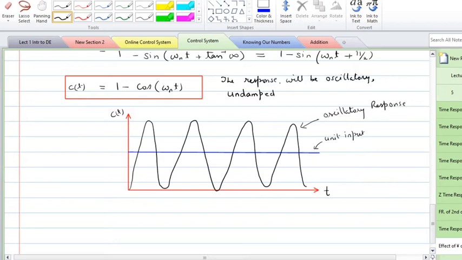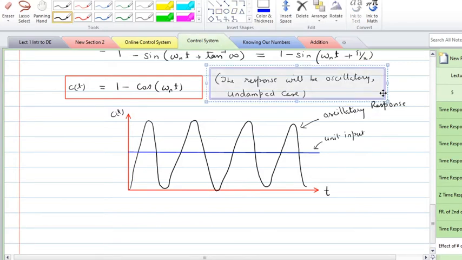Okay, an undamped system will remain in the undamped case. There will be no damping present here.